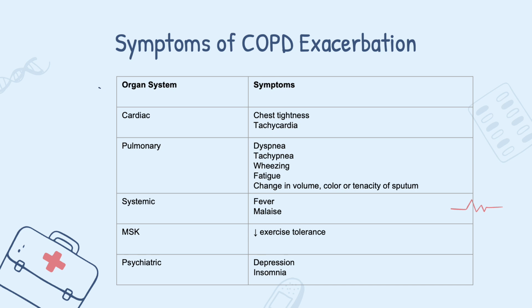We know the etiology is all about tobacco smoke, air pollution, and infection. Those are all exacerbators of patients with COPD. The most identifiable causes driving COPD exacerbations are infection and air pollution.